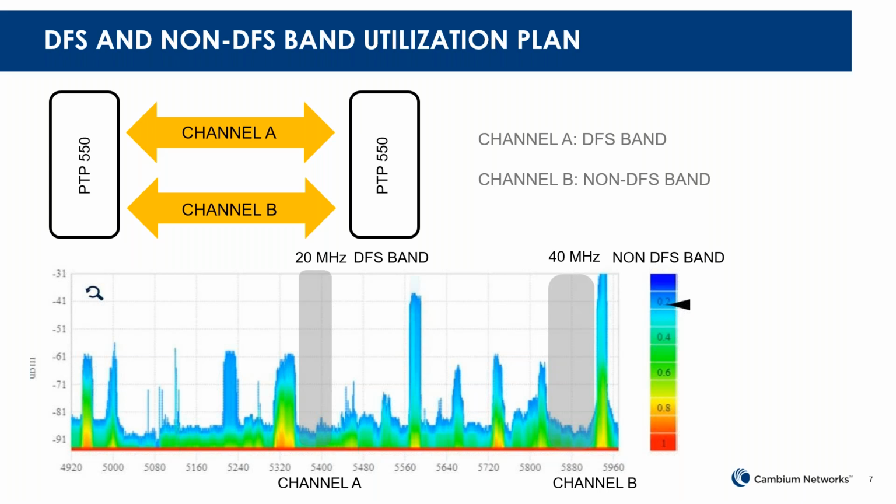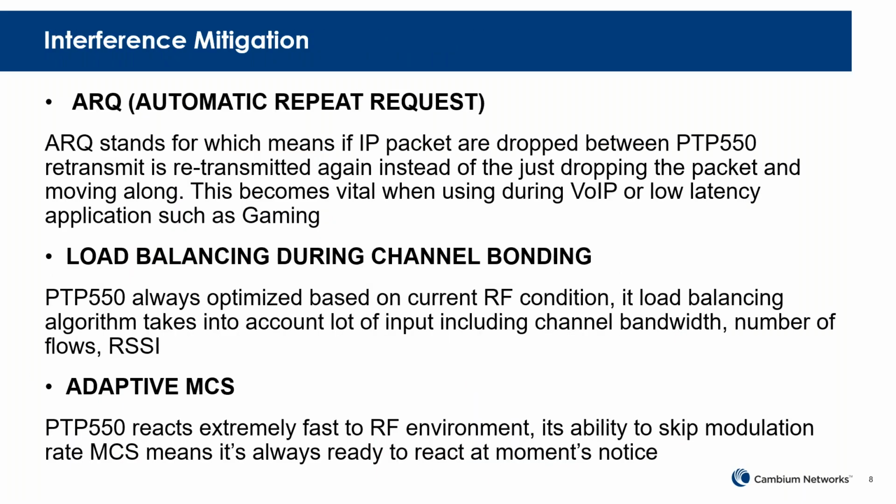So let's talk about interference mitigation. The first one I want to mention is ARQ. How ARQ works is pretty simple. We have been using this since the early days, back to the Canopy days.